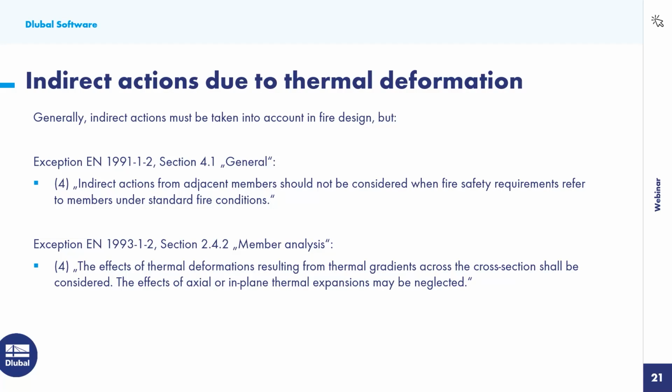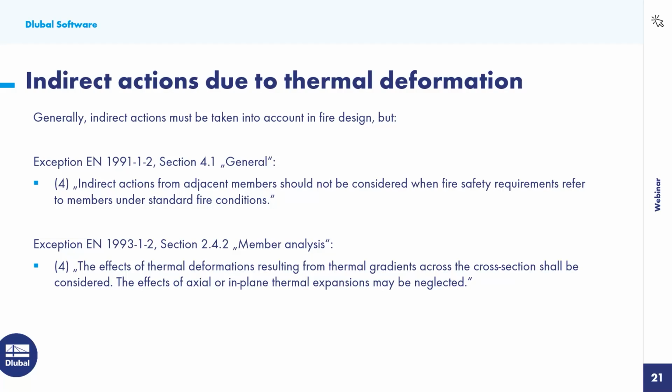The effects of axial or in-plane thermal expansion may be neglected, though. And because the formulas that we use to determine the heating of our section always assume a constant heating over the section, we don't need to take into account the thermal deformations at all.